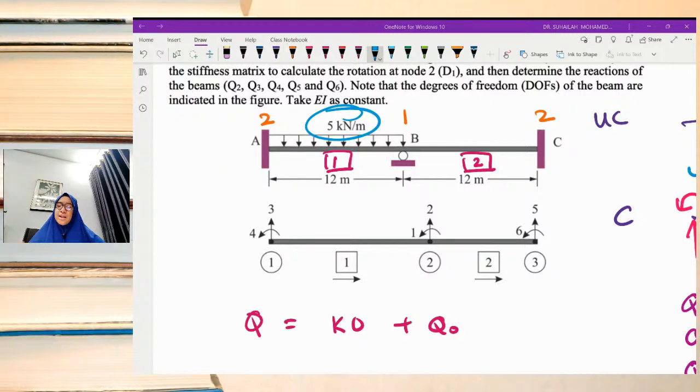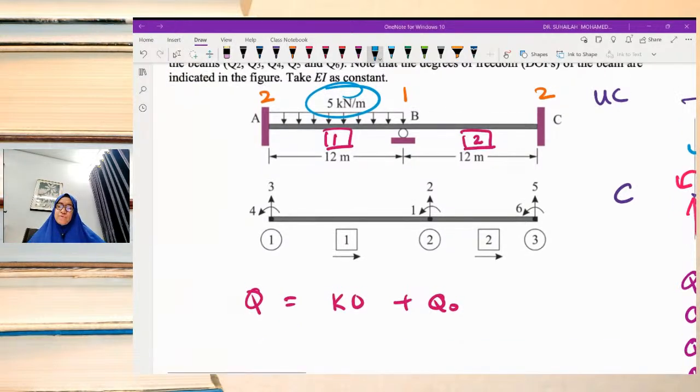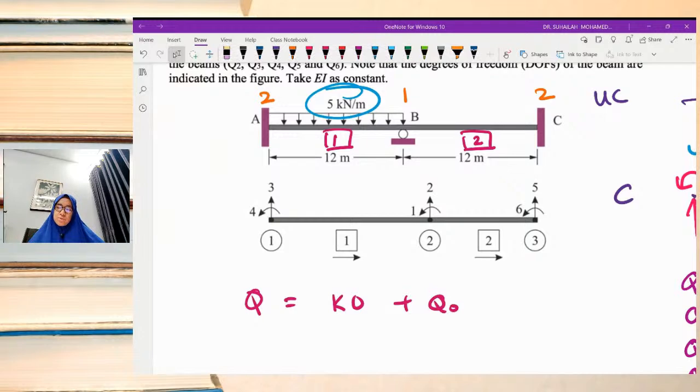So this UDL we have to distribute to the nodes. A UDL is a load on the member, and a member cannot carry load, so we have to distribute it to the nodes.